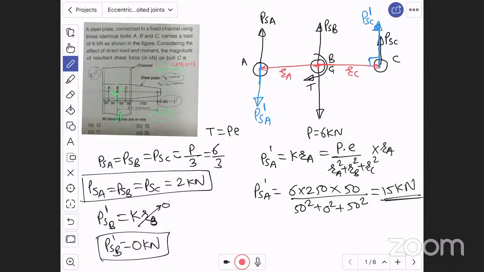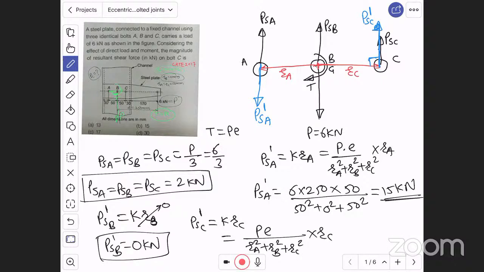Again, we can find the secondary shear load PSC dash on bolt C, which is nothing but K into RC, where K is P into E divided by RA square plus RB square plus RC square.